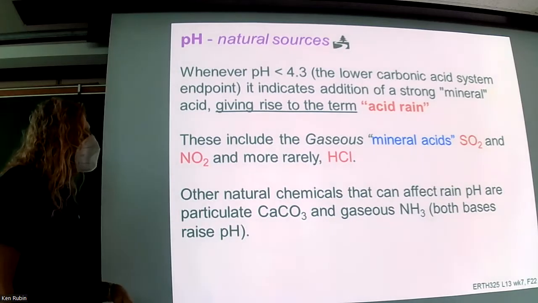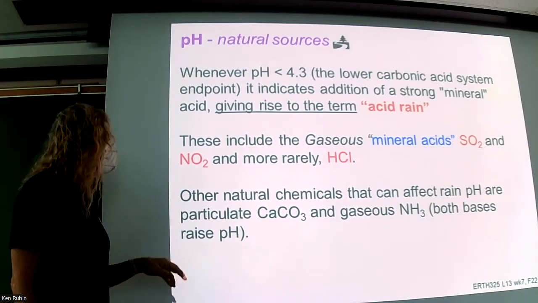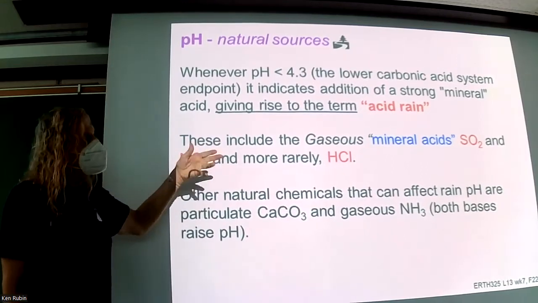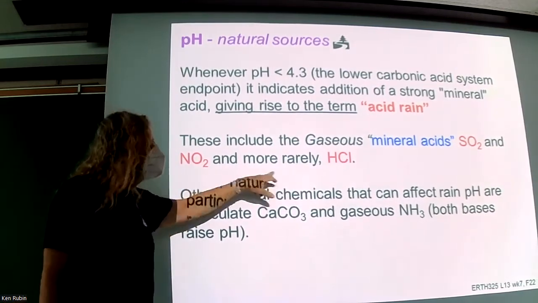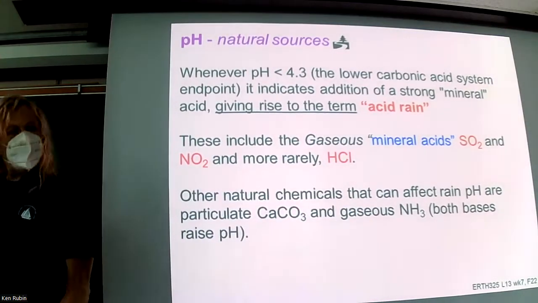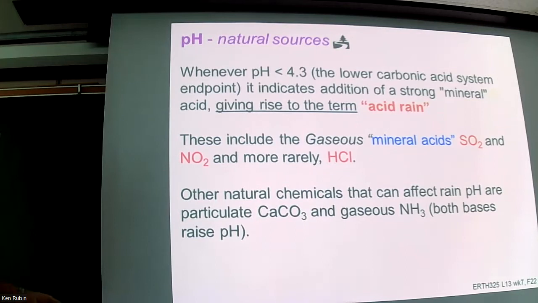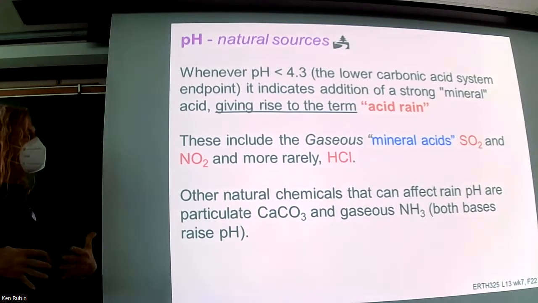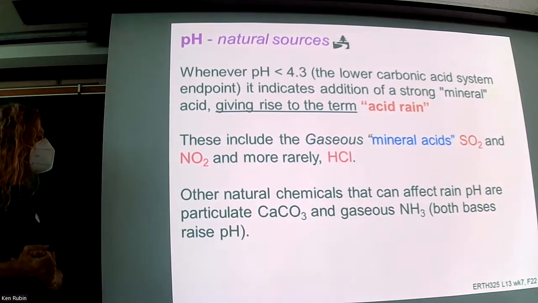I'll go through those chemical reactions in a few slides. NO2, which turns into nitric acid when it dissolves in water. And more rarely, some hydrochloric acid, from plastics manufacturing, for instance. So these can contribute sources of acid, which can help lower the pH below what we can get from CO2.